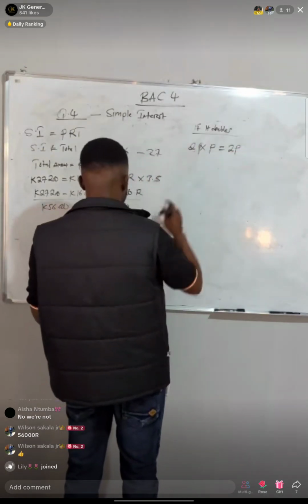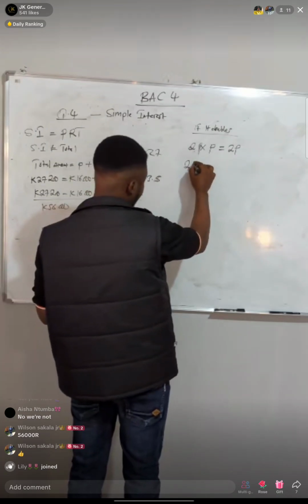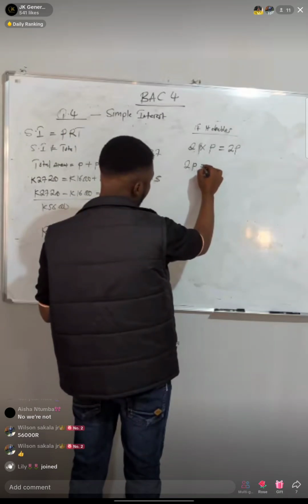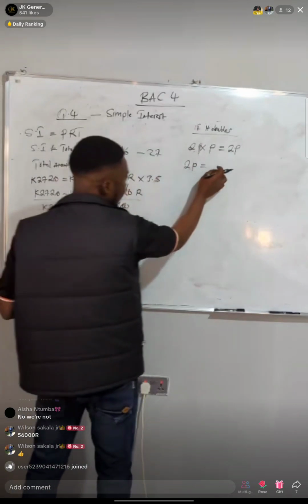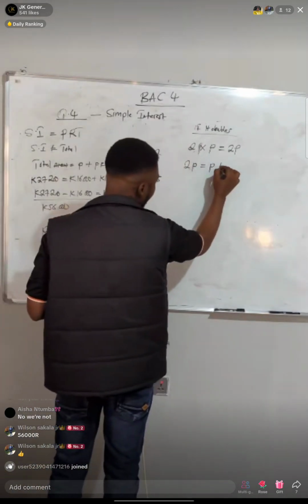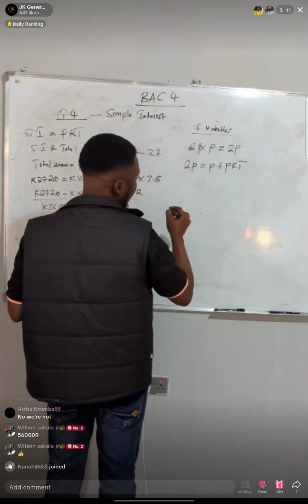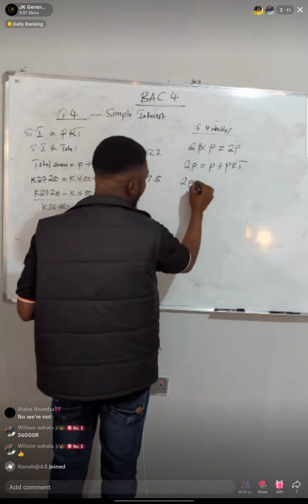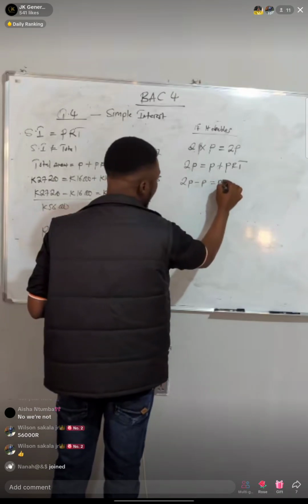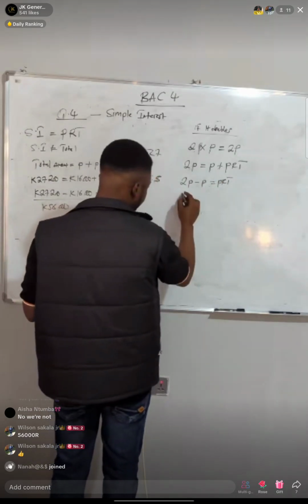Then our formula there is therefore going to be equal to 2P, which is equal to. So any of these kinds of questions, when they bring it in this way, there's something they're adding. So it will be P plus PRT, and then 2P minus P is equal to PRT, which used to give us this same amount.